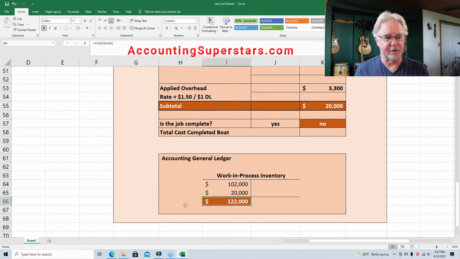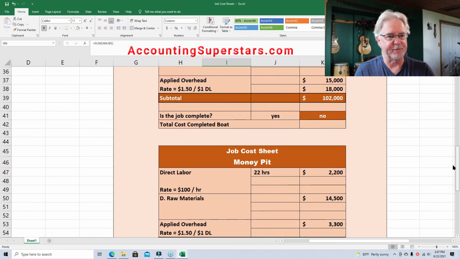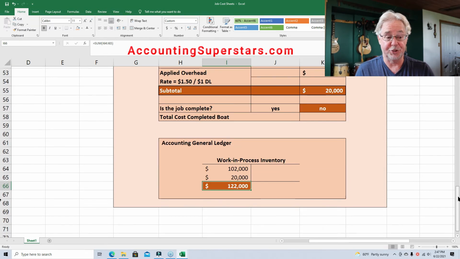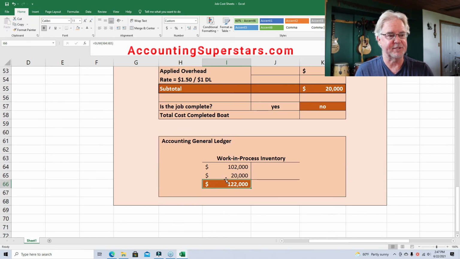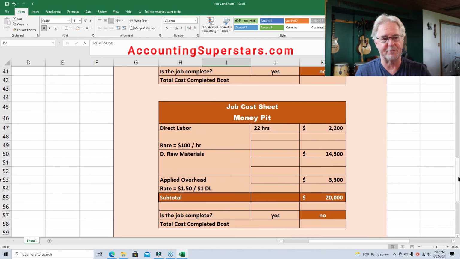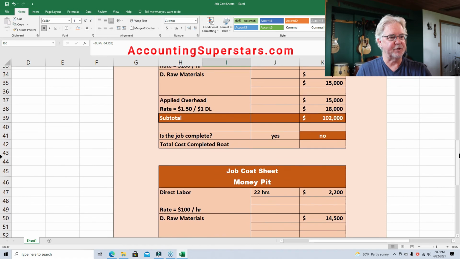So this is the basis of the work in process inventory. The job cost sheets add up. If this accounting is done right, if you add up the totals on these job cost sheets, it should equal the work in process inventory. Now, of course, most businesses will have many more than just 2 job cost sheets or 2 jobs going at once, but that's all that they have here.